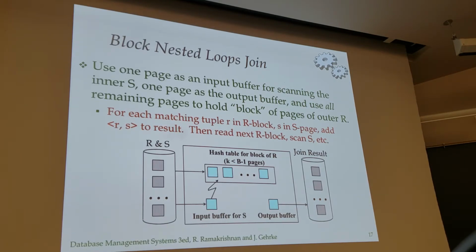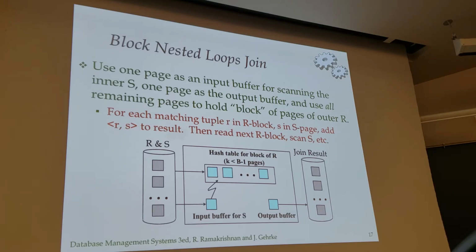And we have to keep track of the actual exact S values. And so we'll take the first tuple that we have in this input buffer for S. And we'll use the same hash function. Of course, the same hash function. We want to see what all the matches are for it inside this hash table that we built for the first B minus 2 blocks of R.